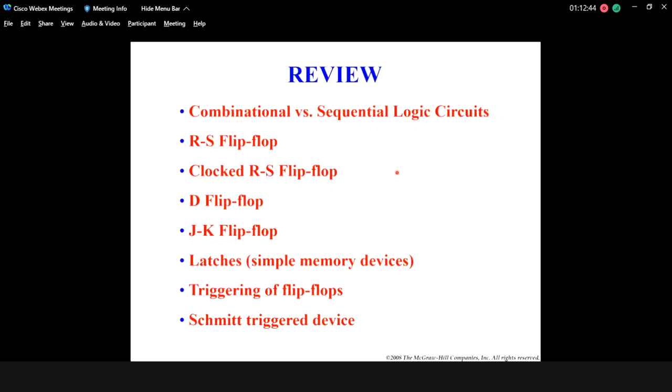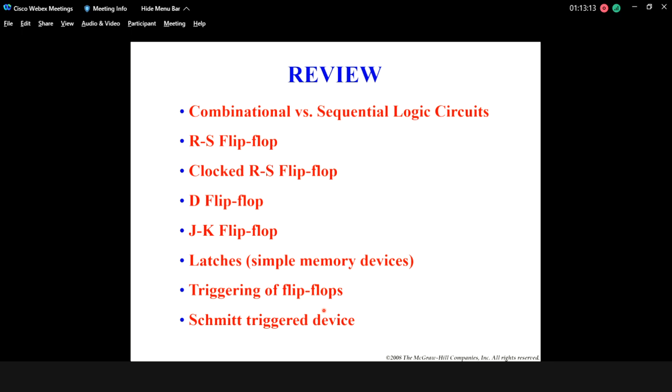So please read on the RS and JK flip-flop from the textbook, because that is going to be your test question.